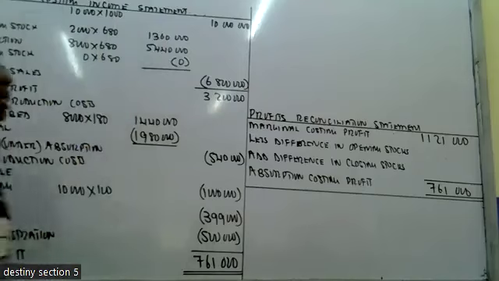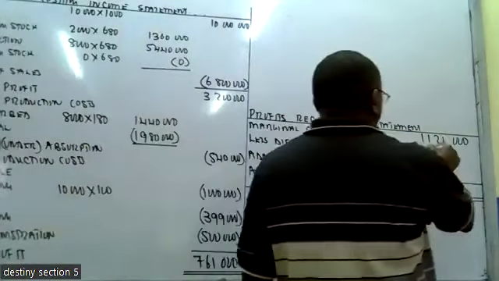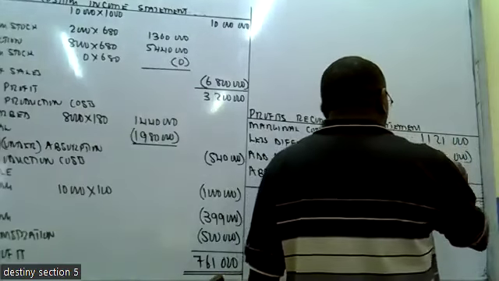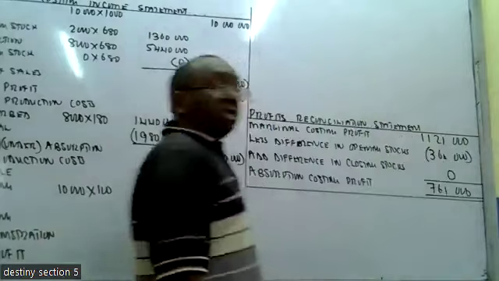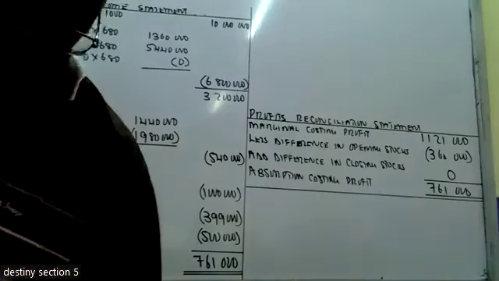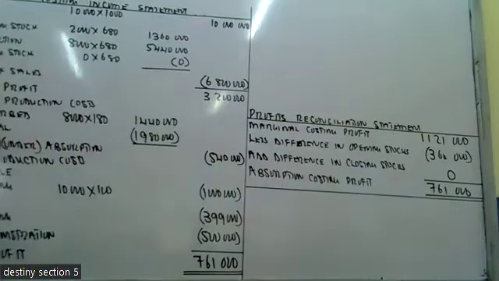So the difference is what? 360. Na hii 360 ni ya kununua. But the closing stocks have no difference. So does it agree? Yes. That's how you cost.